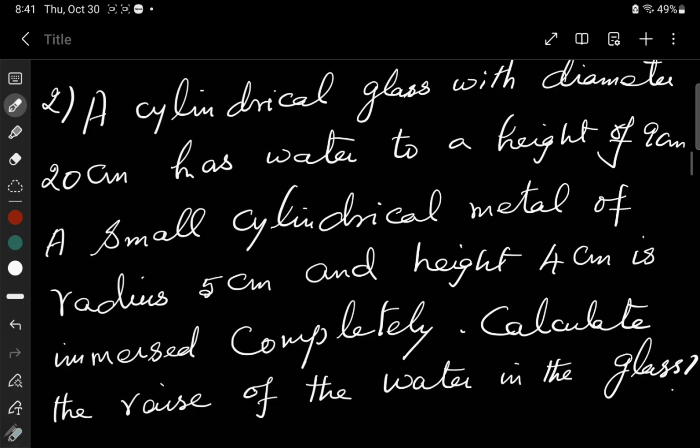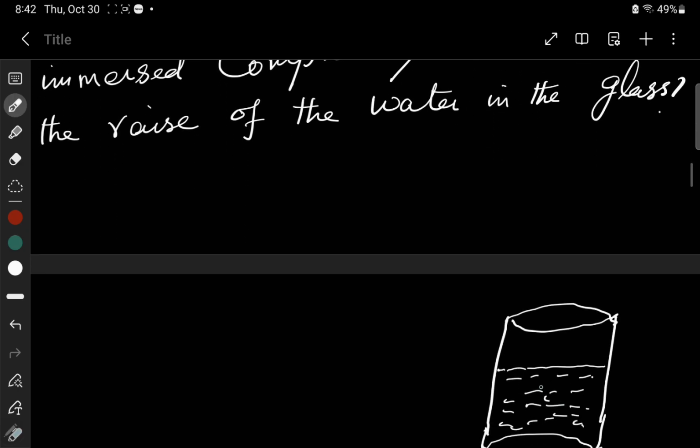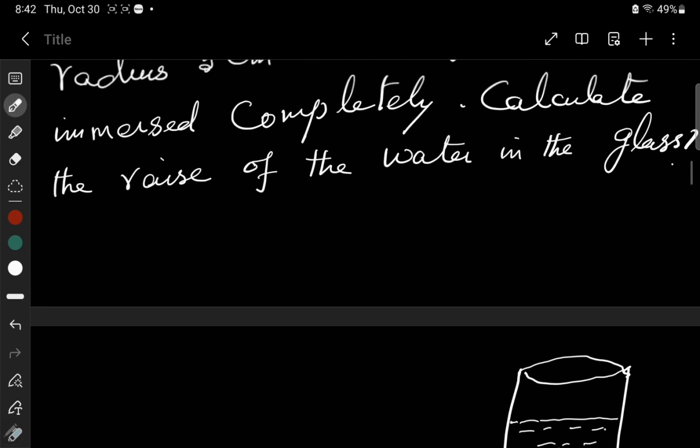See the second question. A cylindrical glass with the diameter 20 centimeter has water to a height of 9 centimeter. A small cylindrical metal of radius 5 centimeter and height 4 centimeter is immersed completely into the glass. Calculate the rise of water in the glass. See here, the glass is the bigger cylinder. You have the water inside the glass.